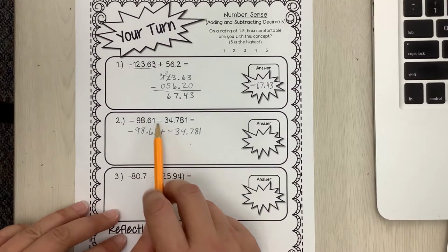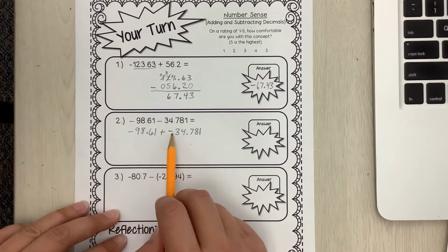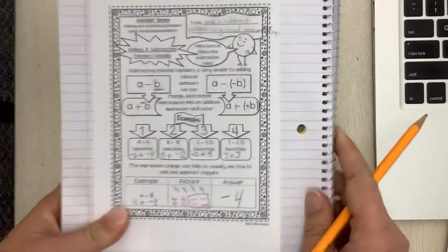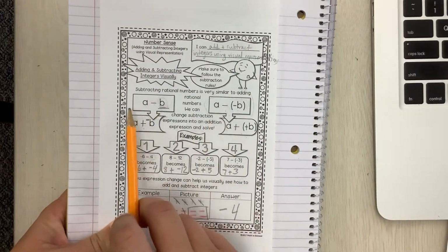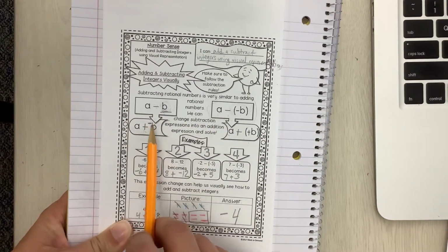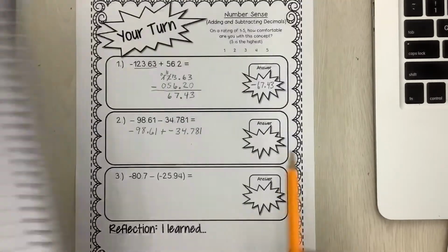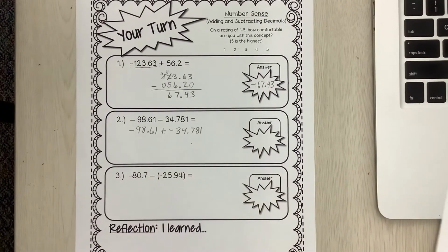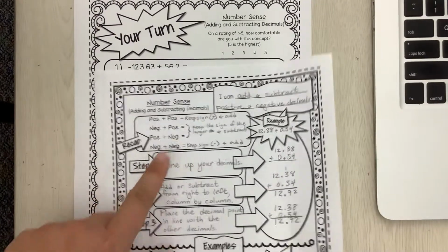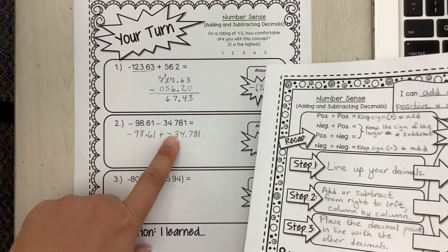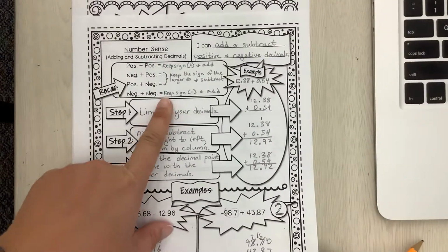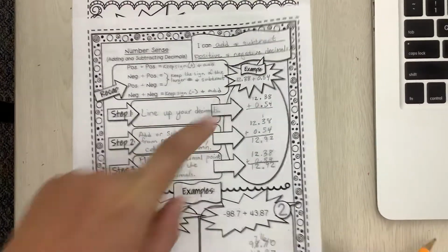Let's try number 2. We already converted it into an addition problem from our lesson in our notebook from this page. So we had a negative and we changed it to a positive, or an addition problem, and made B a negative. Now that we've done that, we can follow our notes for a negative plus a negative: keep the sign negative and add.